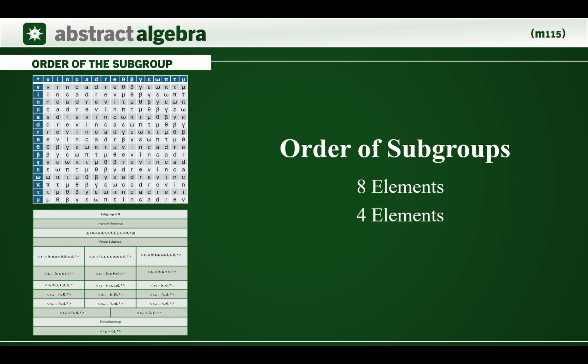We also have 4 elements, which means that some of our subgroups have 4 elements. And we also have 2 elements, which means that some of our subgroups have 2 elements. And of course, we have 1 element, which means our trivial subgroup, which contains only the identity element.